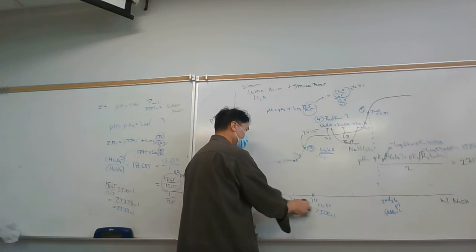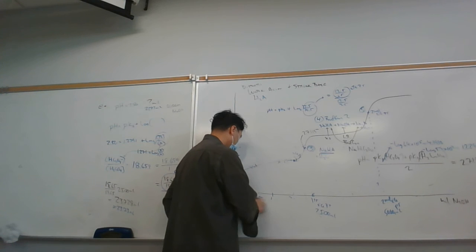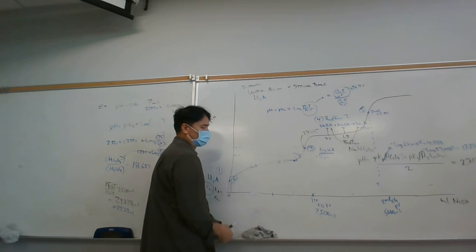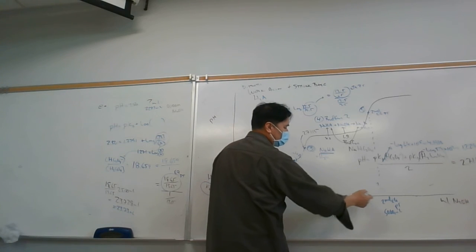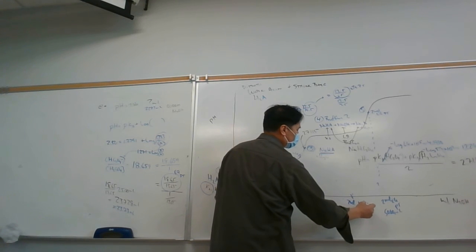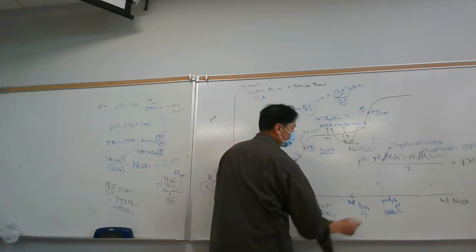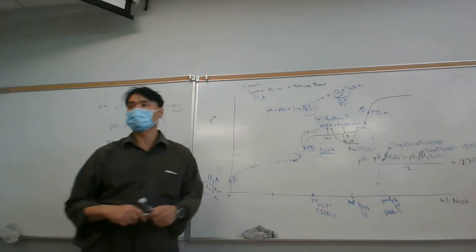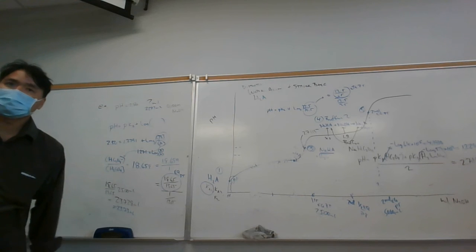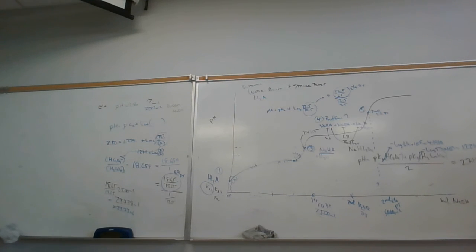So what volume of sodium hydroxide does the half equivalence point come in at? So I want the half equivalence point here, the second half equivalence point. What volume is that? Would it be half of 50, which is 25 milliliters?